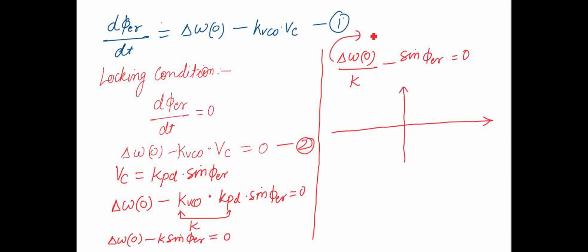This whole equation is nothing but the differentiation of φ_error divided by K. So let's write here φ_error differentiation by K, and this is φ_error. If we draw only this, it will look like this. Now we have to add this term also, so it will be shifted by that amount, Δω0 by K.